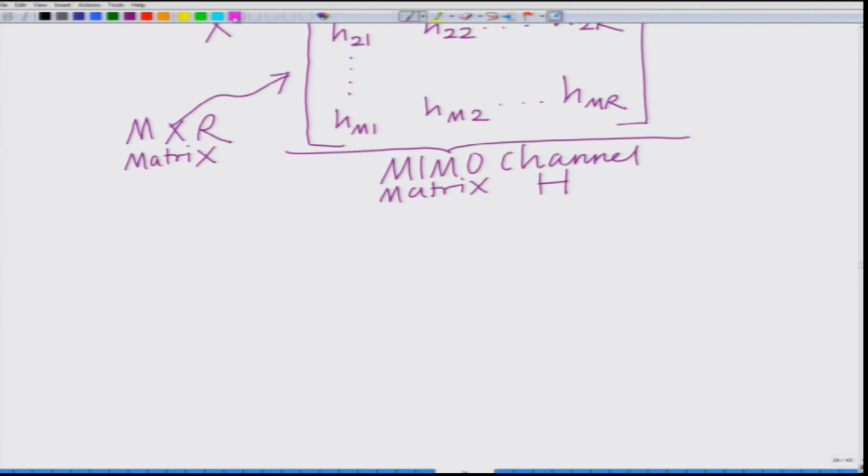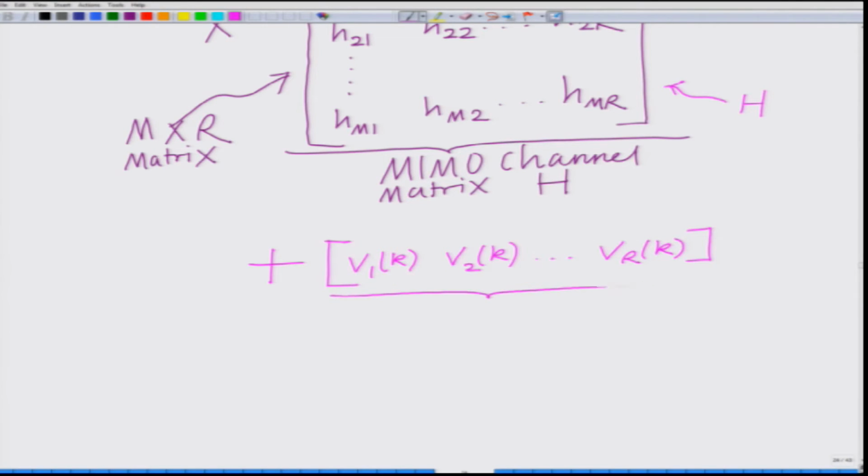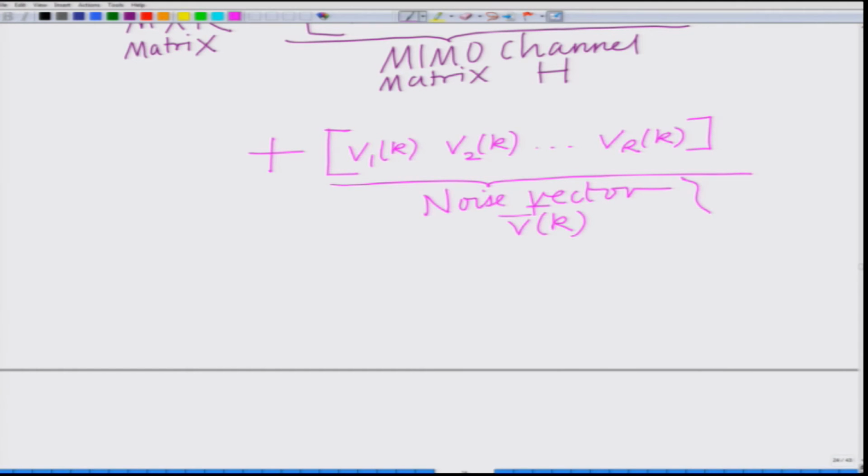and the noise vector can be written as, so this is basically your matrix H plus the noise vector V1k, V2k, so on up to Vrk. This is the noise vector V bar transpose k, and this is obvious, you have R receive antennas, so you have R noise samples.